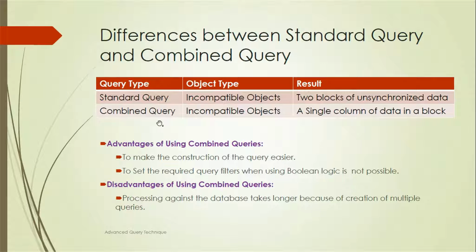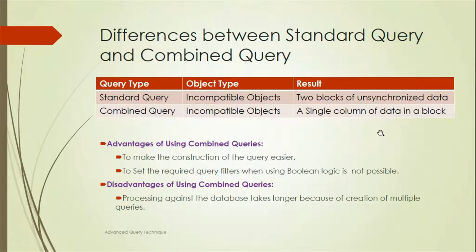While in a combined query, the objects will be incompatible, but the result is a single column of data in a block. So the main difference is that a standard query gives two blocks of unsynchronized data, which we need to synchronize later if required. And a combined query gives a combination of the two queries into a single block or single data provider.